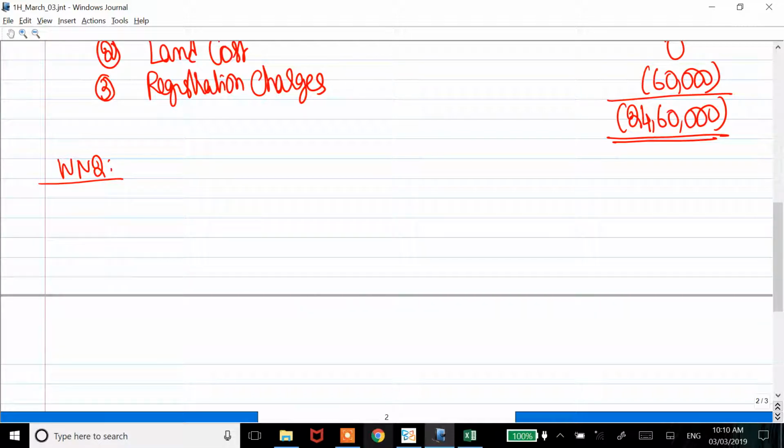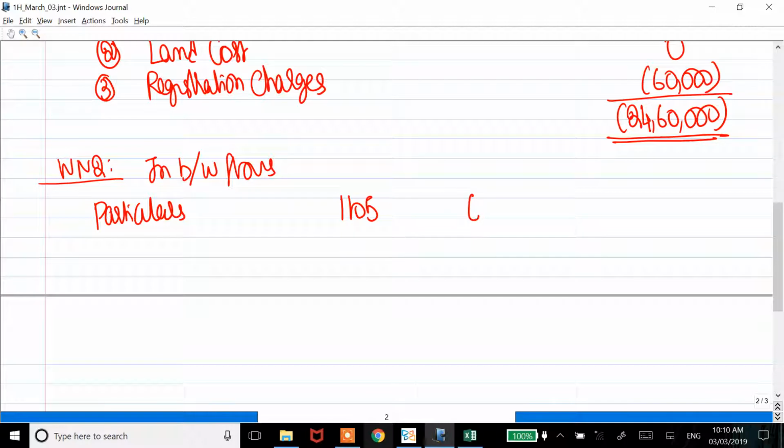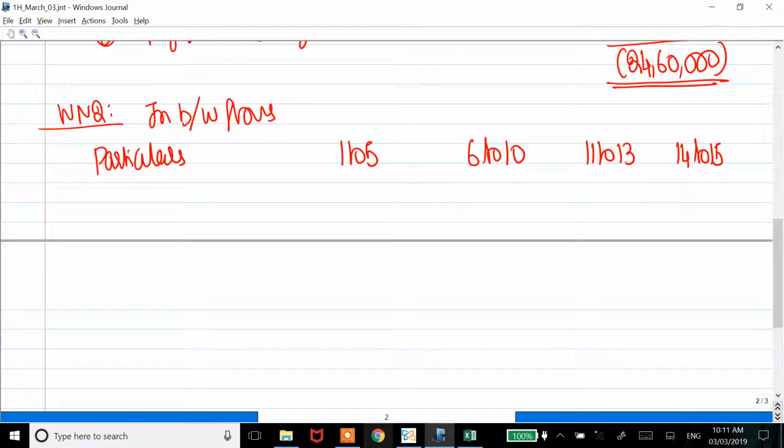In fact, last problem also we should have made this assumption. In between flows, particulars: 1 to 5, 6 to 10, 11 to 13, 14 to 15.